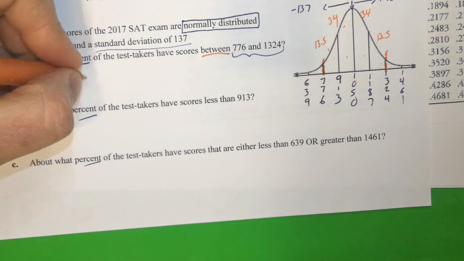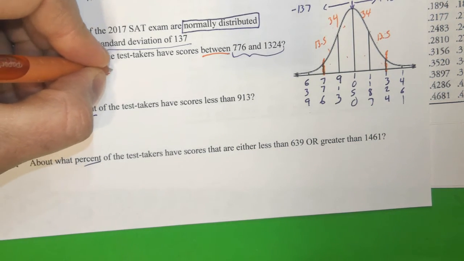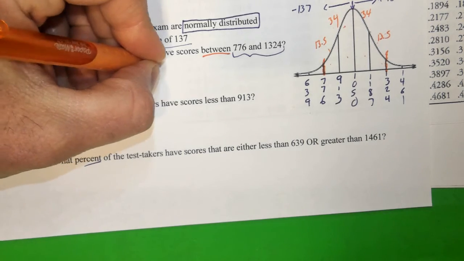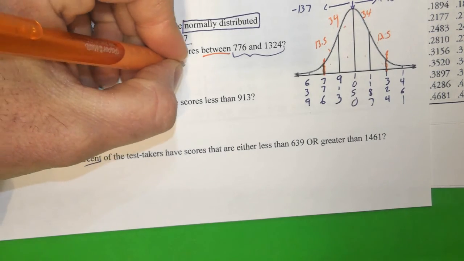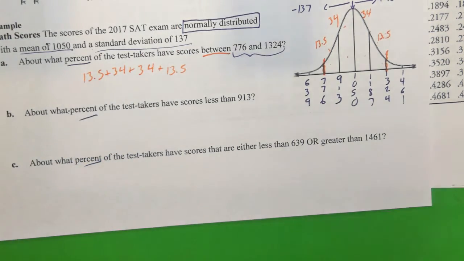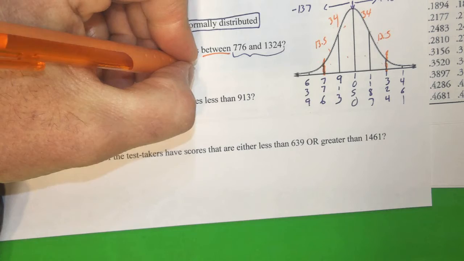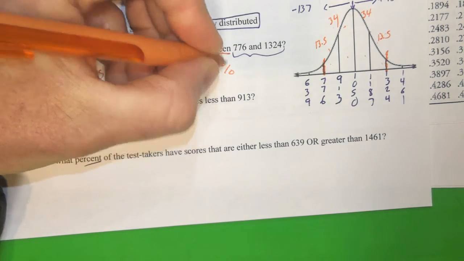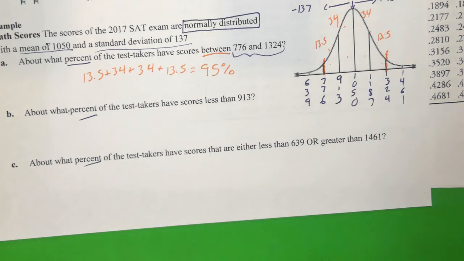If we add all of those values together, we will get the percent of the population who took the SAT and got between a 776 and a 1,324. These would be the most quote-unquote normal people. These are the ones who got normal scores. Not too high, not too low, 95% of the population.